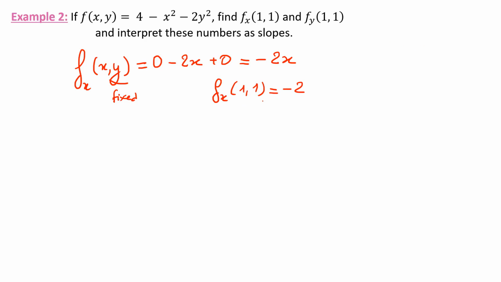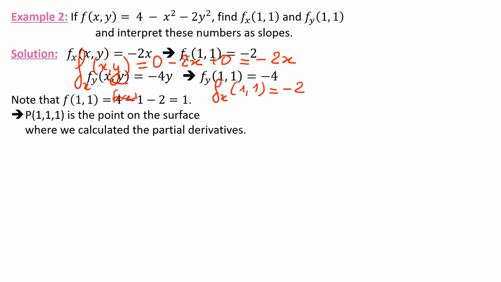What is the interpretation now of this value? This means that we have to calculate z, which is f of (1, 1). What is f of (1, 1)? It's 4 minus 1 squared minus 2 times 1 squared.